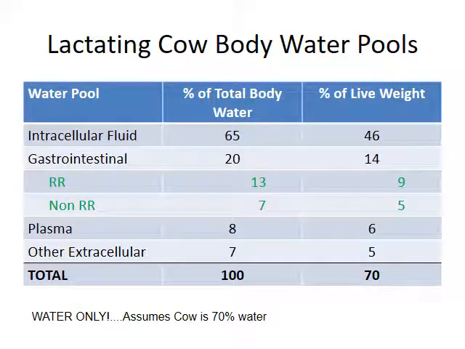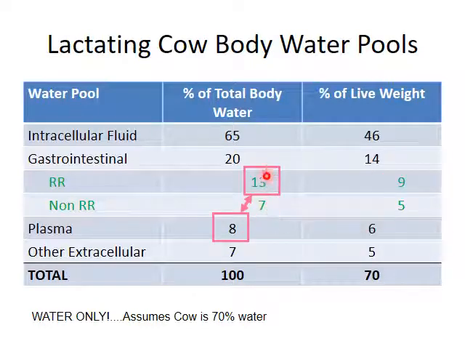Why is that important? If we think about where the water is, and we look at the rumen and the plasma, they represent 13% and 8% of the body water, or 9 and 6% of the live weight.